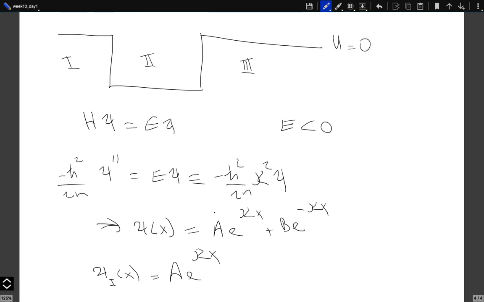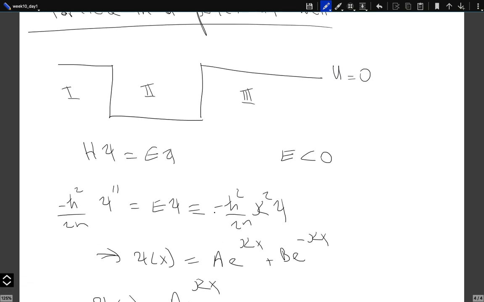Now, if you study the system in region 3, again, the potential is 0. So here there is no potential term. We have exactly the same equation. We can make exactly the same derivation. And the general solution will have this form in region 3 also. But in this case, again, the square integral of the wave function should be finite.